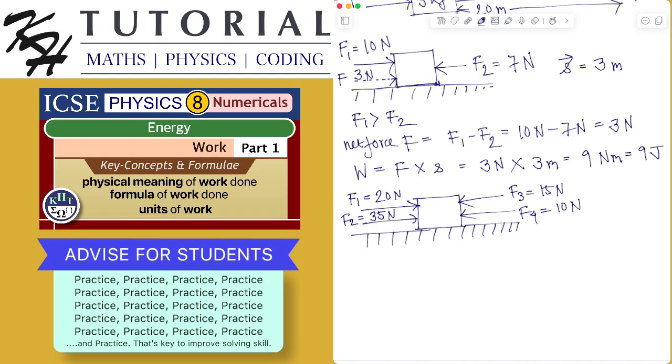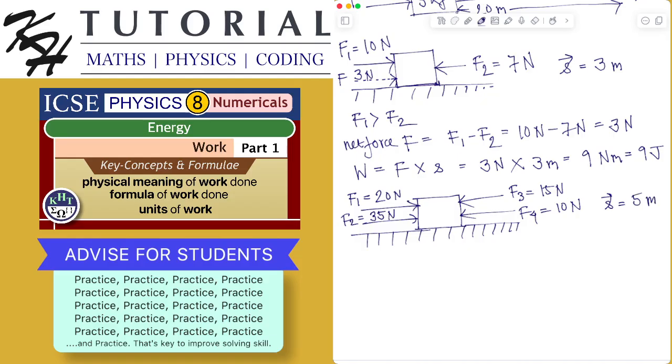It is given that the net displacement caused by all these four forces acting on the body was 5 meter. So what is the work done on this body by all these four forces?